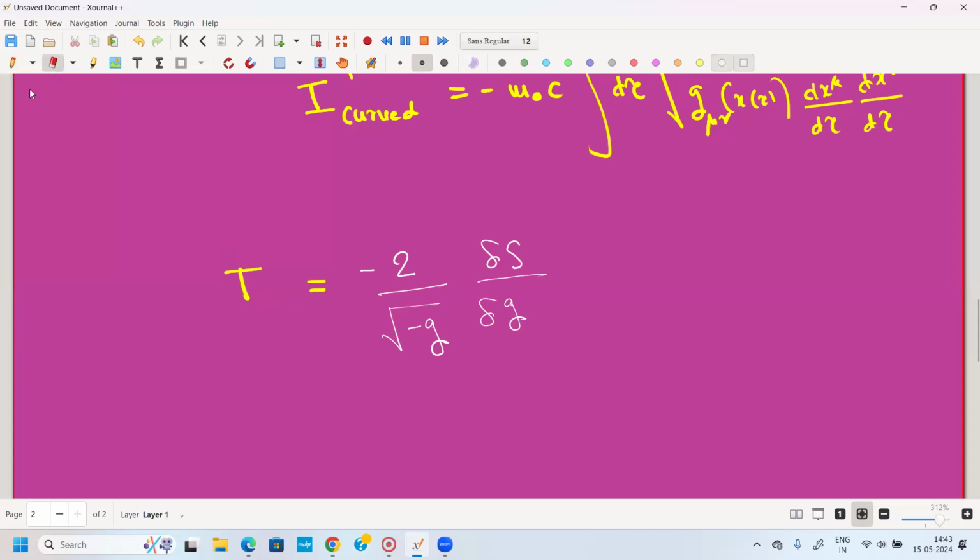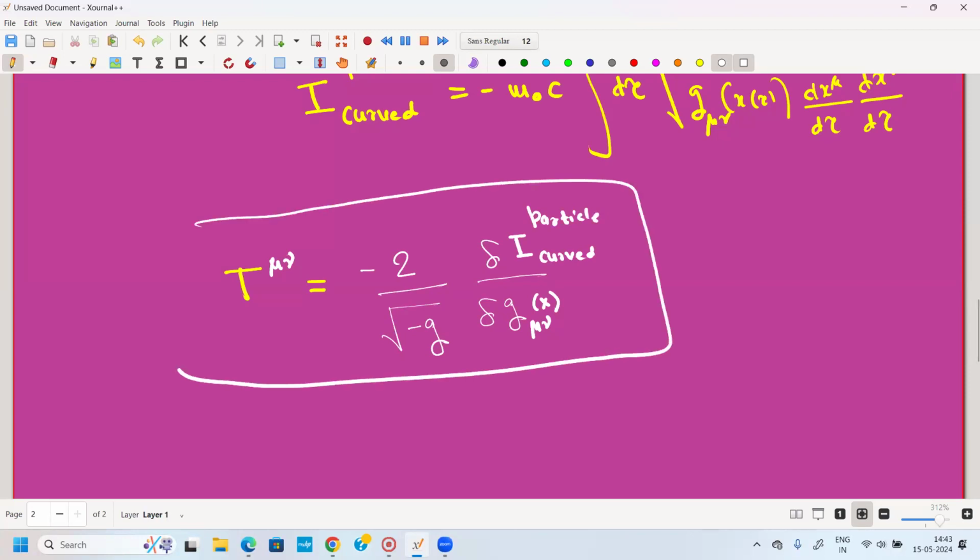If you study the variation of the action with respect to the metric, one can obtain the energy momentum tensor.